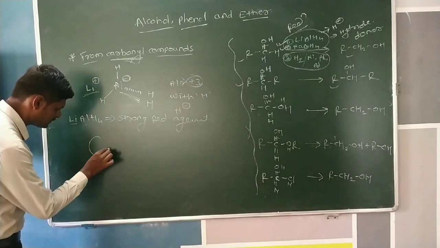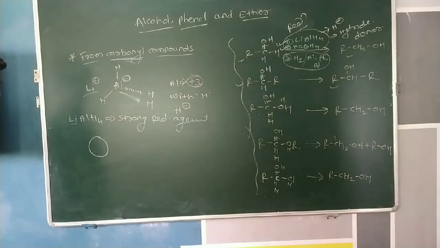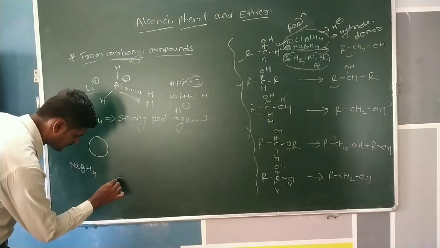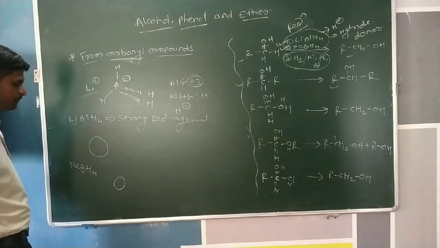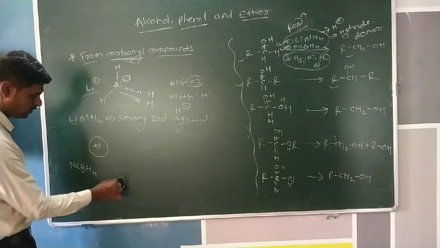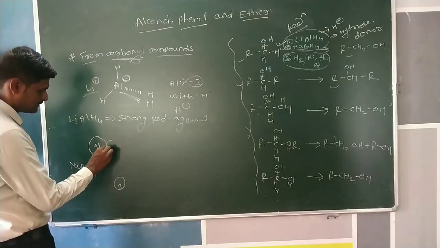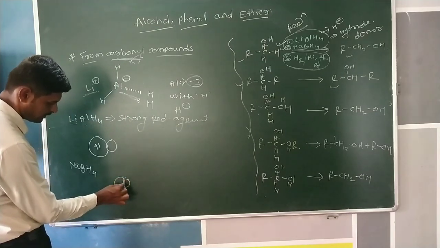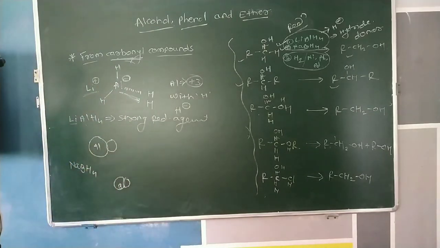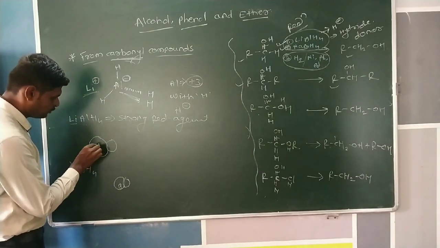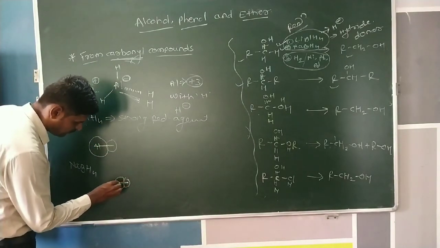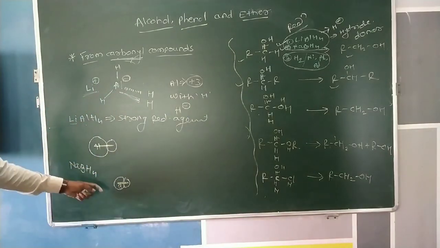The size of aluminum is larger, and in case of sodium borohydride, the size of boron is smaller than aluminum. This is Al, this is boron. Then hydride is attached to this aluminum, and hydride is also attached to the boron atom. The bond length of aluminum and hydride is larger than in sodium borohydride.